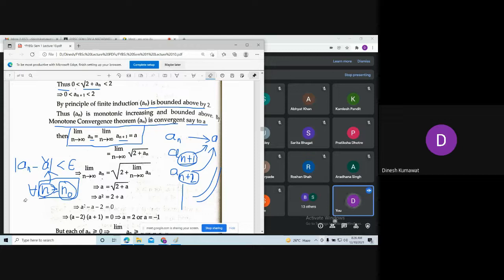So don't think that this definition is just playing of words. It is not like that. This is a concrete definition for concluding convergence. So don't think that this definition is not useful.